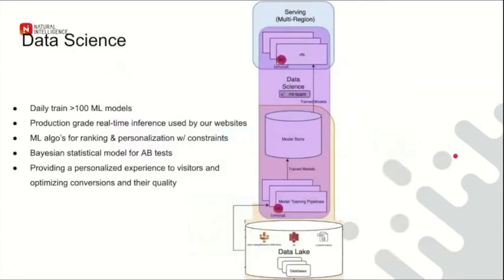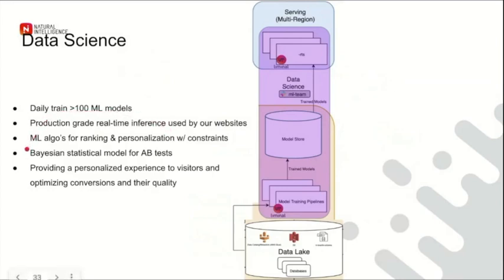Another key part of our data processes has to do with data science. We make real-time decisions with automated models in production. We do this by training over 100 models daily. We have production-grade real-time inference, which is used by our serving platform and our websites.